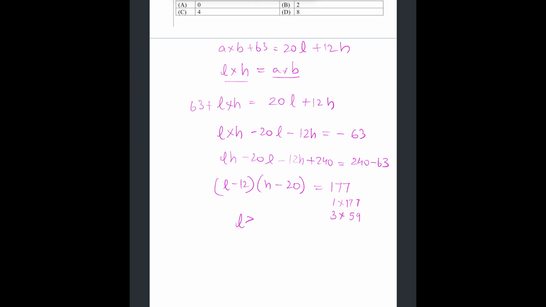And LCM is always greater than or equal to the HCF, and LCM is always divisible by HCF.